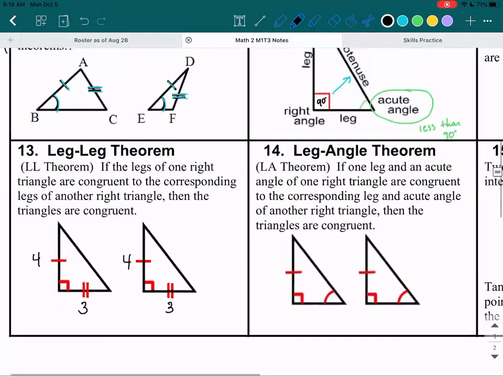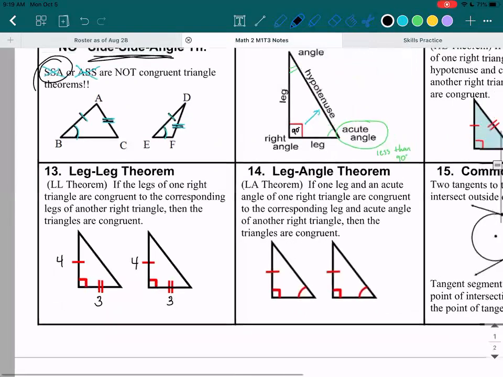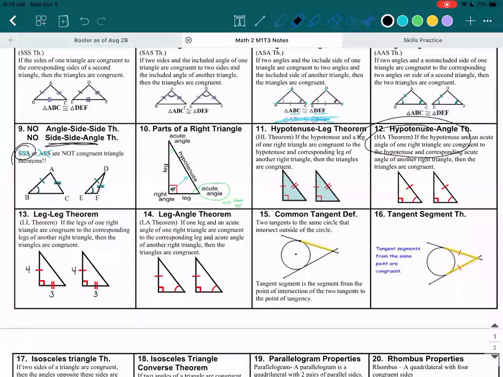Where is it? It's right here. Hypotenuse angle theorem. And my thing's lagging, so you can't see me circling it. There you go. Hypotenuse angle theorem. So it exists if you have a congruent angle and you have a congruent hypotenuse. You can use the hypotenuse angle theorem to say that they are congruent.